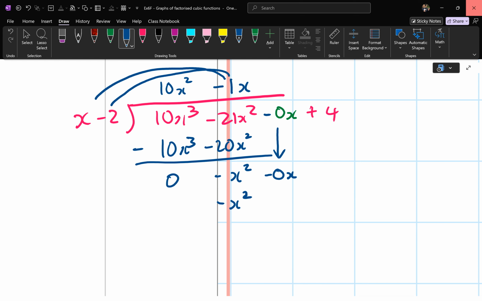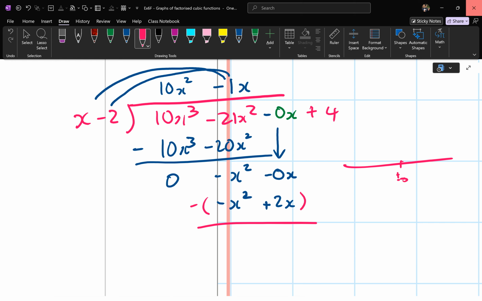But then negative 1x times this is positive 2x. Now in this step here, you see whether it's positive or negative, it doesn't matter, because essentially I'm saying negative 0, which is the same thing as 0, take away 2. So if you think about a number line, 0 is here.